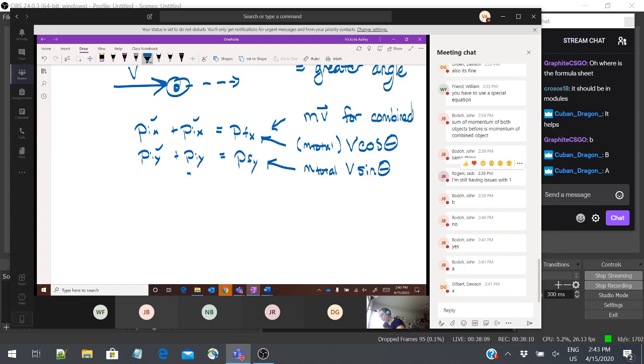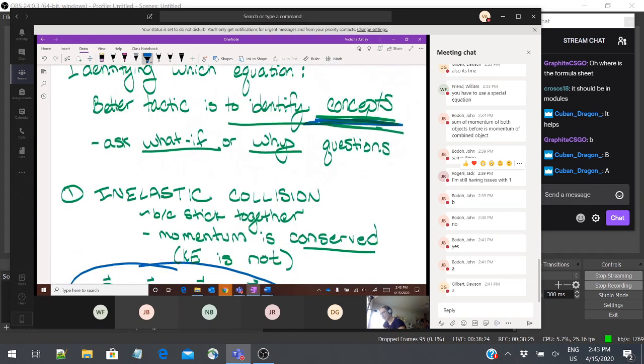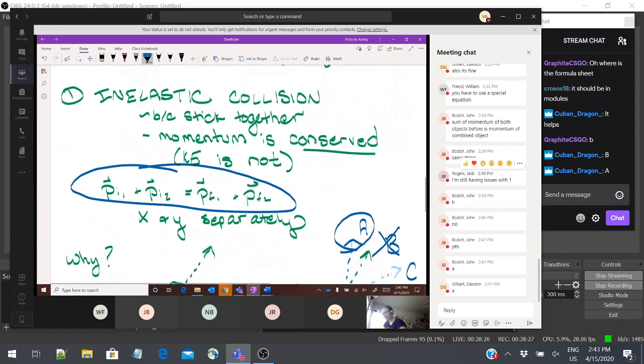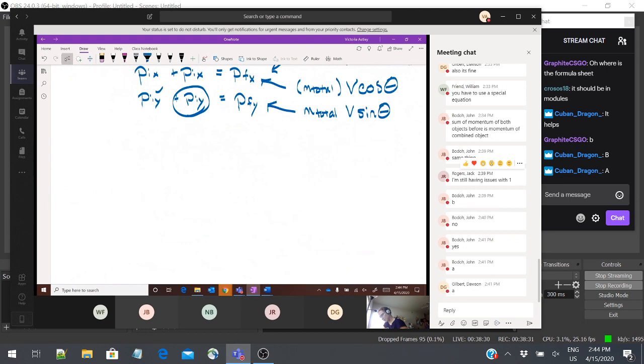We're solving for this. We have everything we need. Does this make sense? So think about it more in terms of the concepts and the ideas rather than just trying to pick an equation. Let's see what the next question is on here.